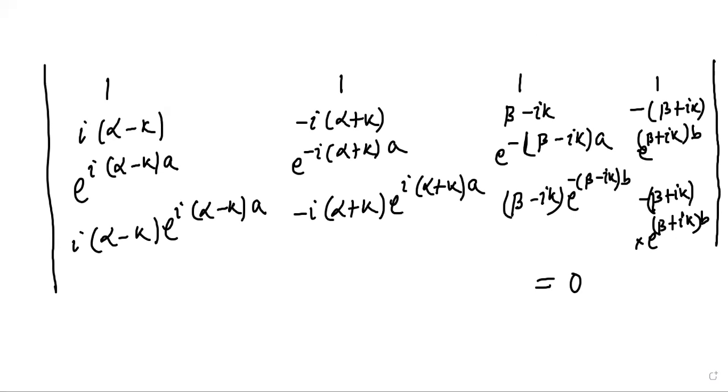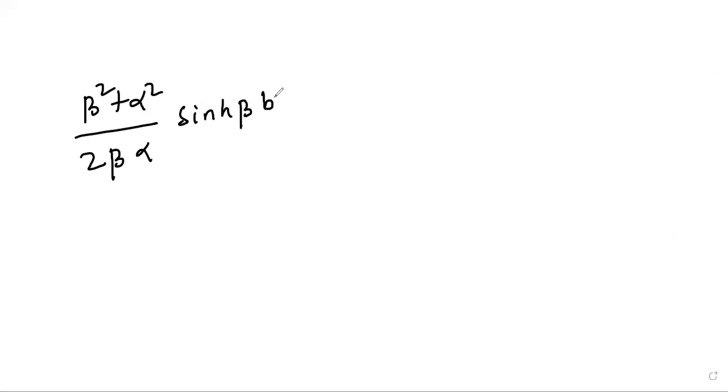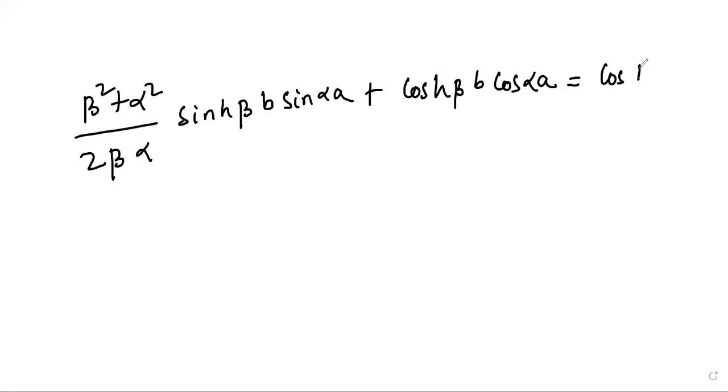If we solve it, finally we get it in the form (β square plus α square) divided by 2βα, sinh βb sin αa, plus cosh βb cos αa, and that must be equal to cos K times (a plus b).